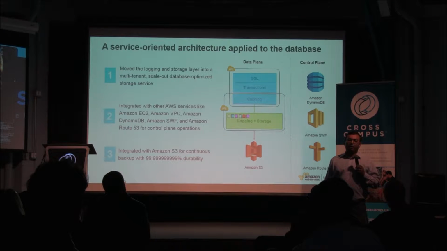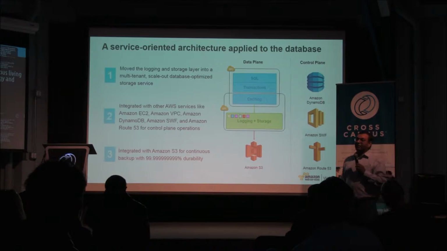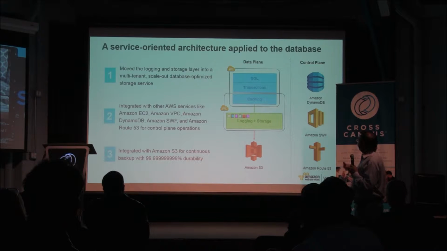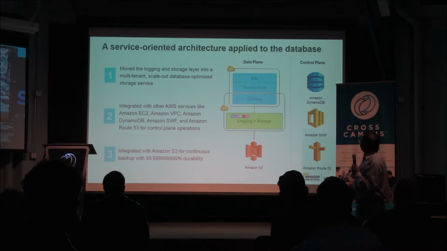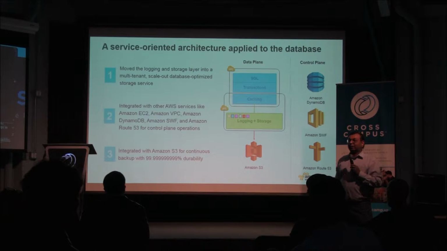You have a monolithic stack where you have SQL processing, transaction processing, logging, and storage as a part of that stack. What we are trying to do is re-architect that for a cloud environment, where you take two layers of that monolithic stack, logging and storage, and spread them out into a scale-out, multi-tenant shared architecture, right?